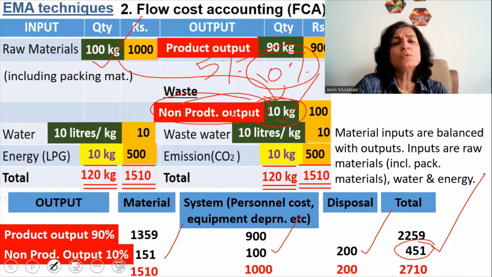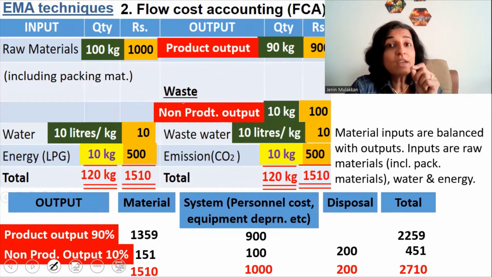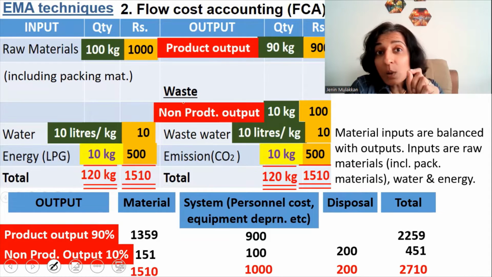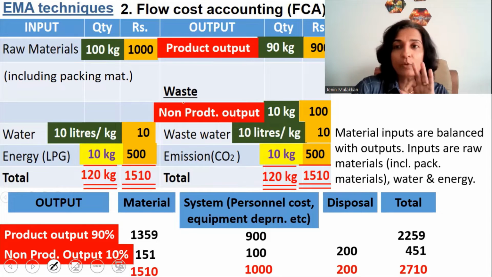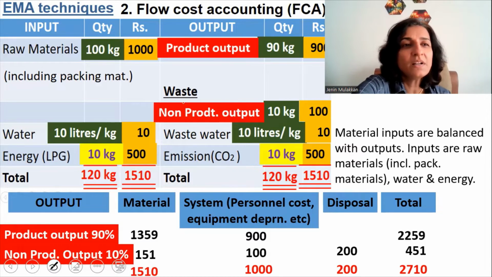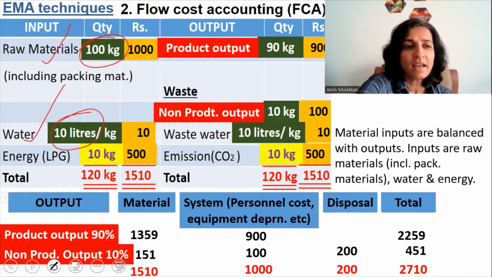Now, how can you improve the production efficiency? You can improve the production efficiency by reducing the quantity of materials. Listen to that once again. You can improve the production efficiency by reducing the materials. Now, in this case, we've got 3 materials. One is the raw materials at 100 kg, one is water at 10 liters, and one is energy or the LPG at 10 kg.